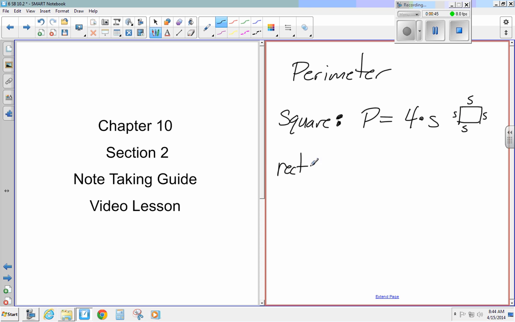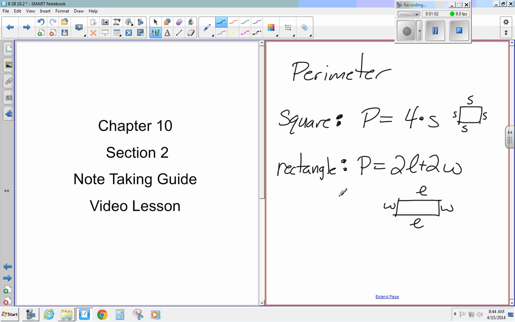For a rectangle, it's two times the length plus 2 times the width. Here's the length, width, width. These are two formulas that you have to memorize, and you'll have to use for quite a while.